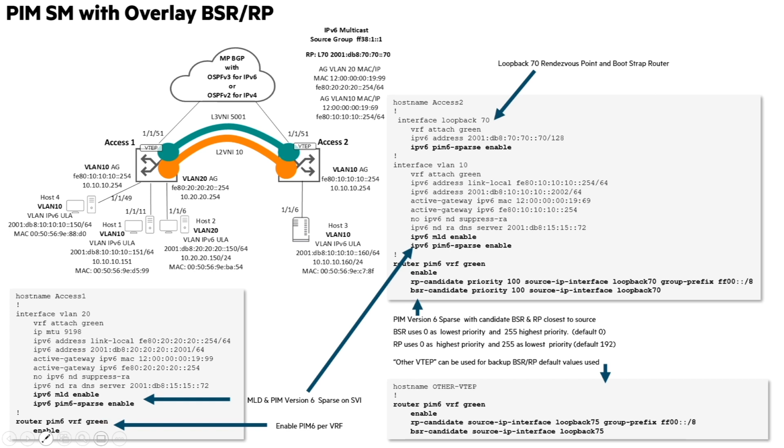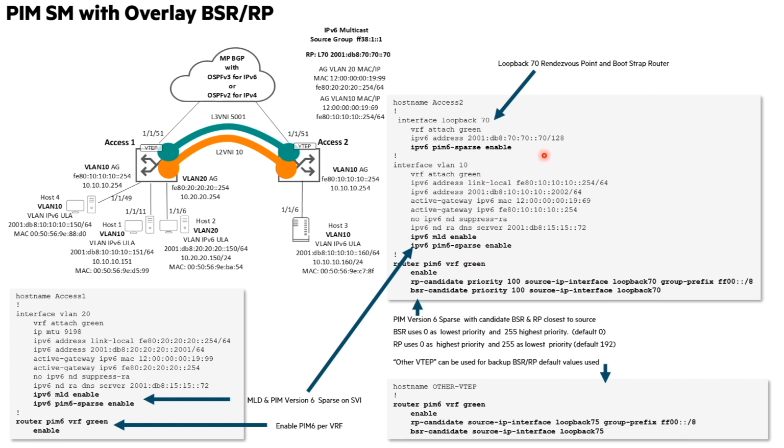Now we also do similar on other devices, the SVIs, and you can see on access 2 in VLAN 10 I've done the same thing where I've enabled MLD on the SVI as well as IPv6 PIM6 sparse enable on the SVI, as well as the PIM6 routing process in that VRF green is enabled. Now the next part is to configure the bootstrap router and the rendezvous point.